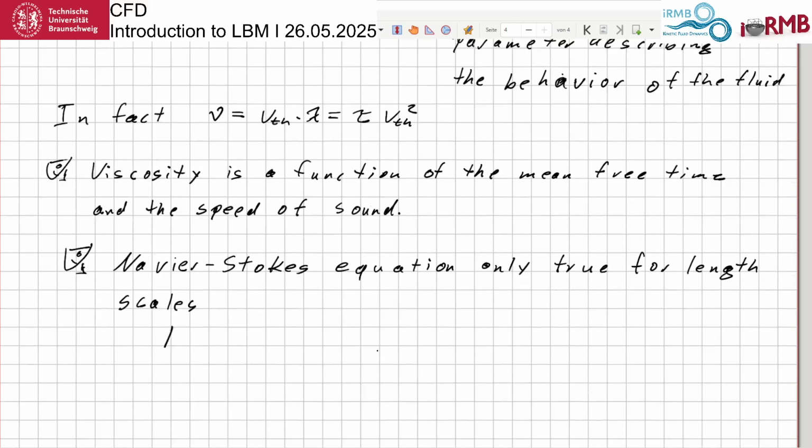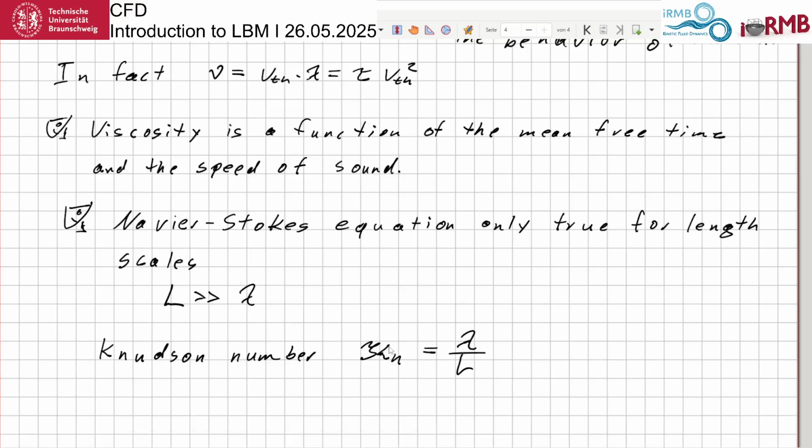for length scales where L, so this is the length scale on which I describe my problem, and this length scale has to be much larger than lambda, and this is described by something that we call the Knudsen number. So the Knudsen number is lambda, the mean free path, divided by the size of the system.